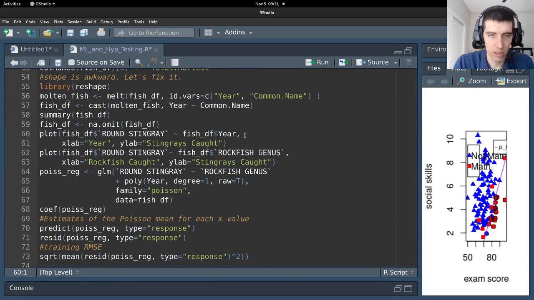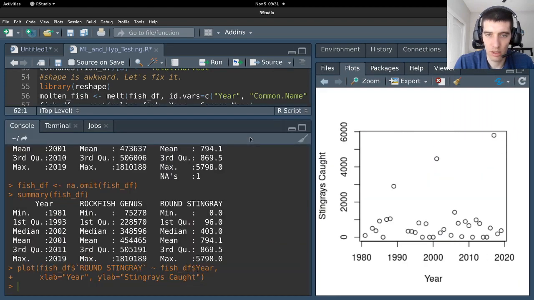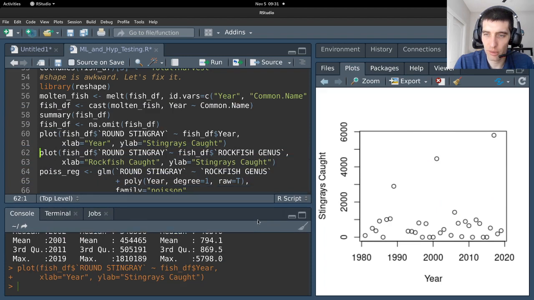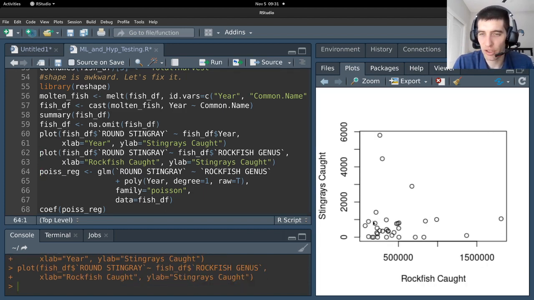And so let's see here. So here's a plot of the number of stingrays caught on the y-axis, year on the x-axis. Doesn't seem like there's a strong relationship, but we can try including it as a predictor and see if it helps at all. The number of rockfish caught and the number of stingrays caught, I might say that this has a positive relationship.